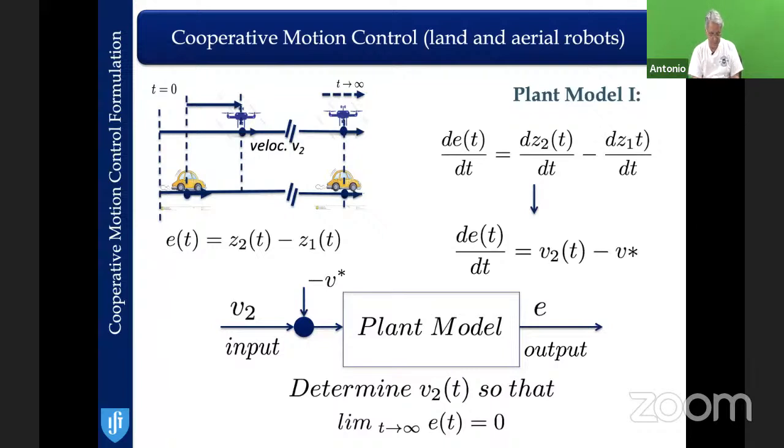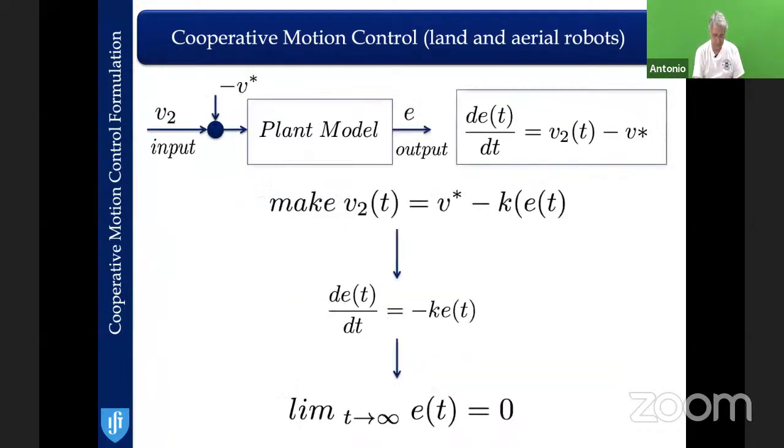You have identified the variable that you wish to drive to 0, and you have identified the variable that you can manipulate, which is V2. Okay, so when you write down the equations, you get this. dE/dt is equal to V2 minus V star. And the question is, what should V2 be?